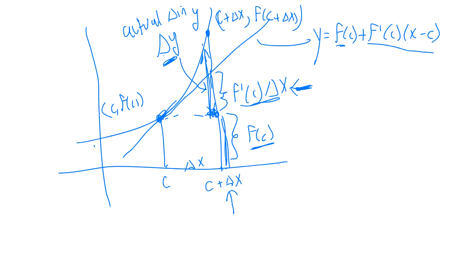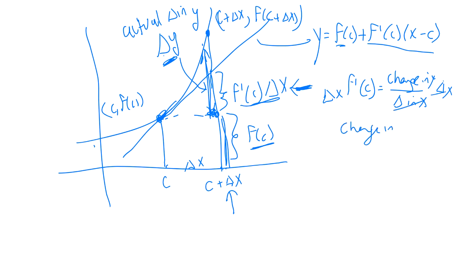If you say that the slope at c, the derivative evaluated at c, is the change in y divided by the change in x, and then I multiply both sides by delta x, then these cancel, and so I can say that the change in y equals f prime of c times delta x, and that's what's happening here.